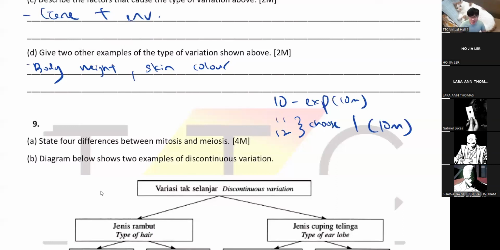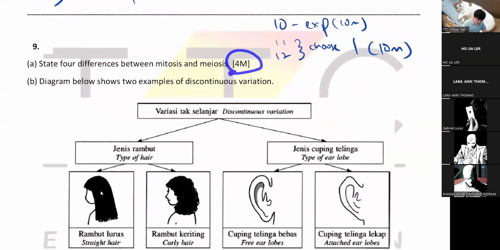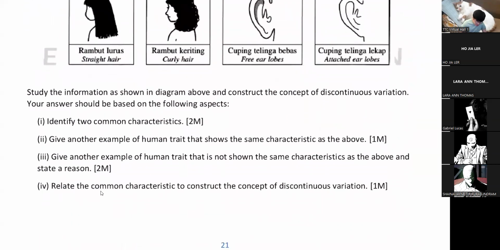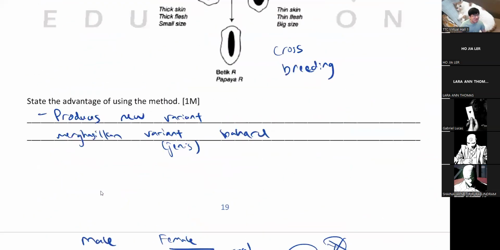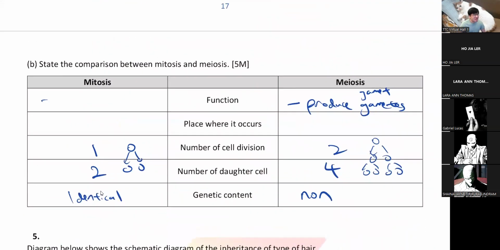So let's look at what an essay question is like. As you can see, 4 marks here, and another 6 marks here. So we get 10. As long as you study, questions 11 and 12 should be no problem. State 4 differences between mitosis and meiosis. Hello, we just did this, right? 4 differences there.